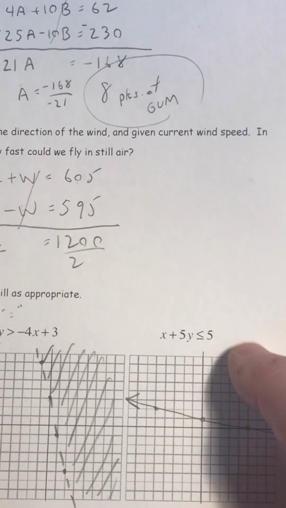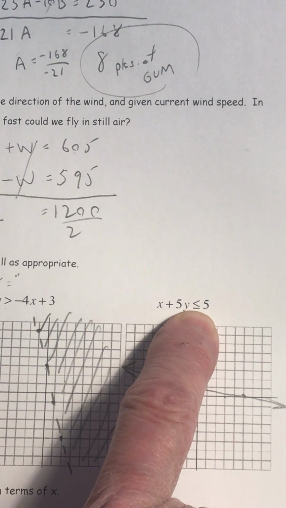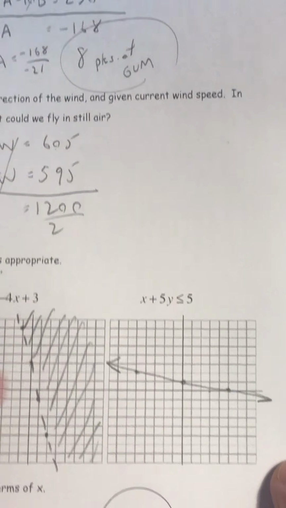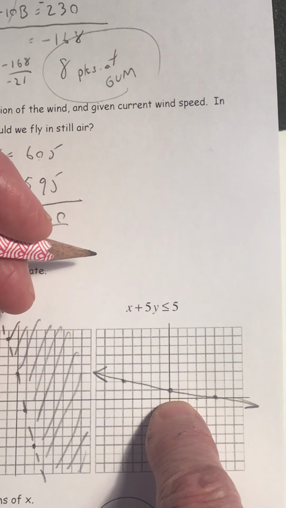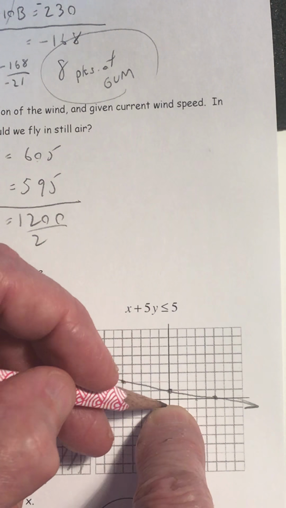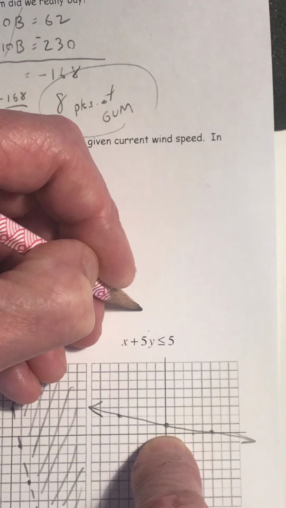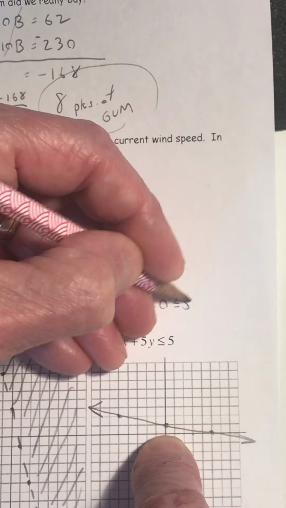Now, do I shade above or below? I don't know yet. Don't assume because of this being pointed this way that you shade below. It may turn out that way, but what you really want to do is plug in a point that's not on the line, and the most convenient and almost always usable is 0, 0. And if you plug in 0, 0, it's going to say 0 plus 0 is less than or equal to 5.